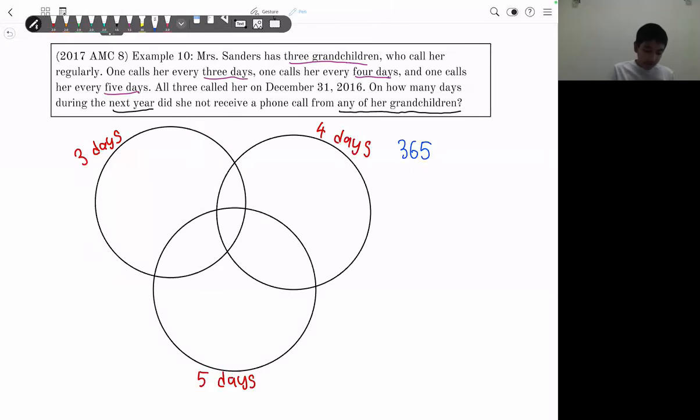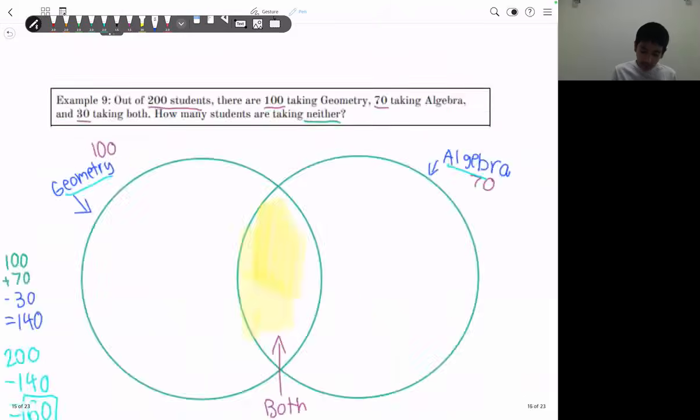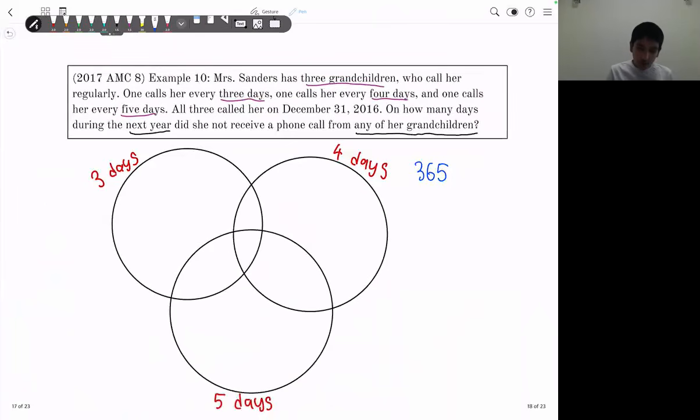This is a very tricky problem. It's basically the same thing that we did here, except we have to do it for 3 things. So there are 365 days in 2017. During this next year, the first grandchild calls 365 divided by 3, which is about 121 times, because every 3 days she's called by the first grandchild.